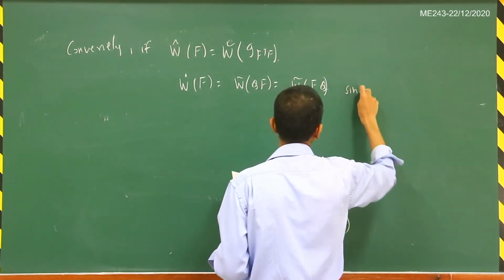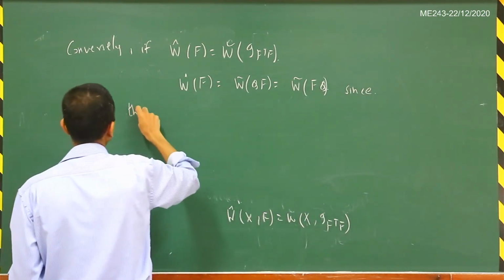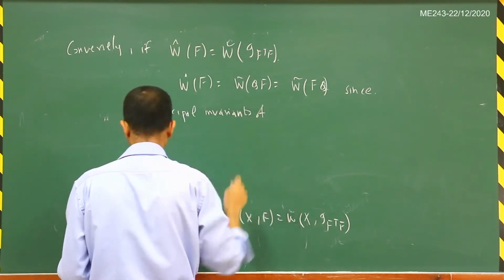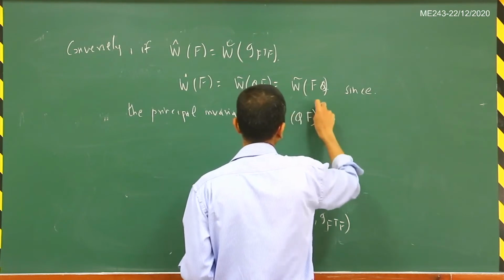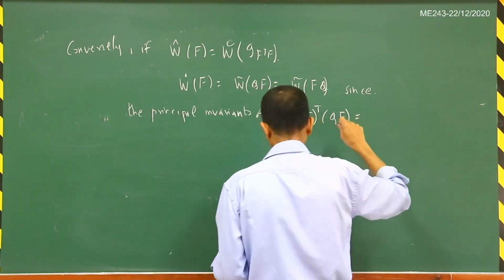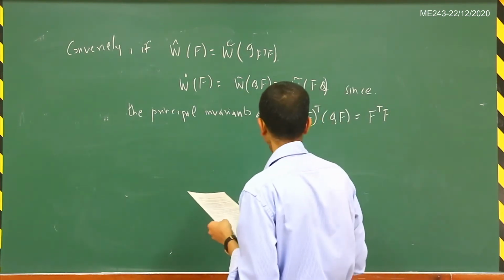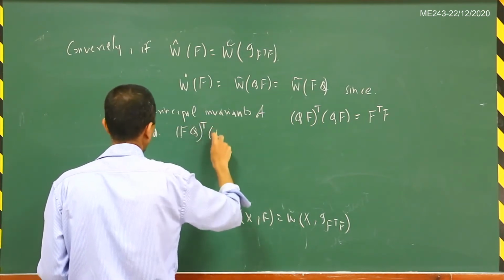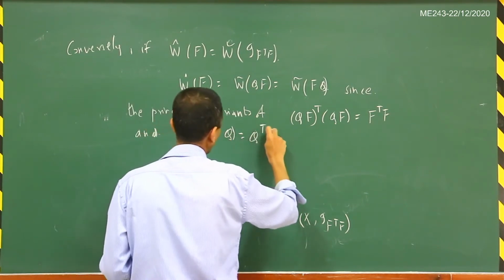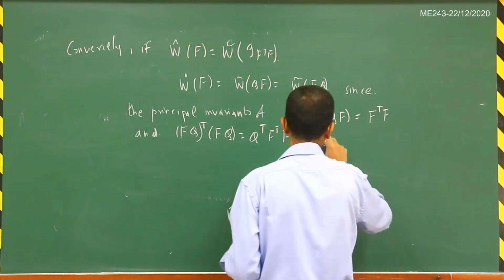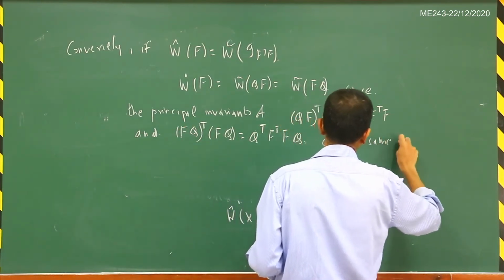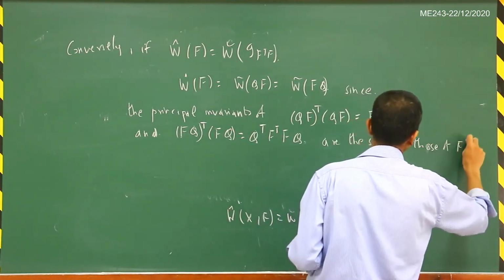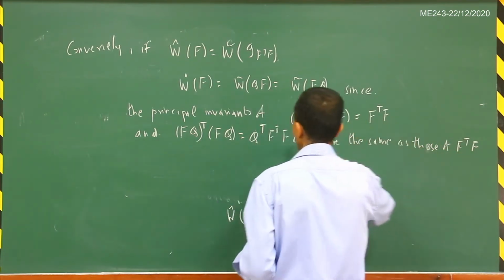That is because the principal invariants of QF transpose times QF, which is equal to F transpose F, and FQ transpose times FQ, which is equal to Q transpose F transpose F times Q, are the same as those of F transpose F. So in this case, you just get back F transpose F, and in this case, this is orthogonally equivalent.